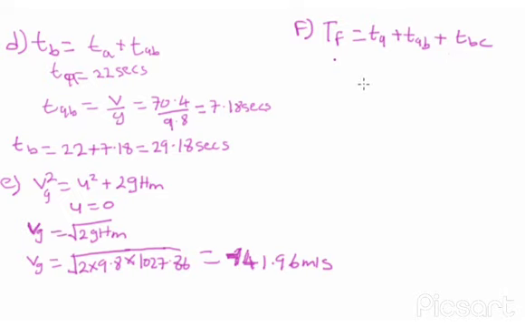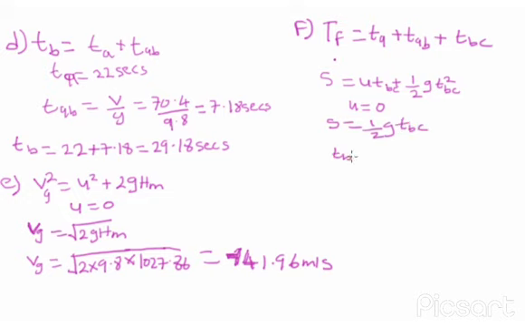To get TBC, we use Newton's second equation of motion, which is S equals UT plus 1/2 G TBC squared. But from the maximum height, U is equal to 0. So we make TBC the subject of the formula. We have S equal to 1/2 G TBC squared.